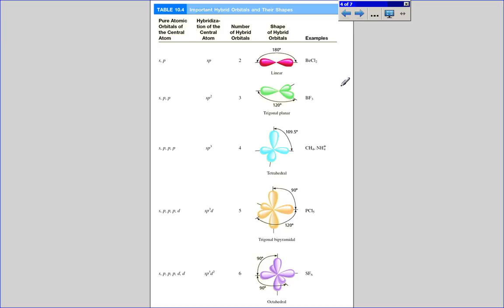So this is a nice summary from your textbook. It shows you which orbitals you're combining, the hybrid orbitals, and then it connects to the shape of the electronic geometry. Let's see this in action with some molecules.